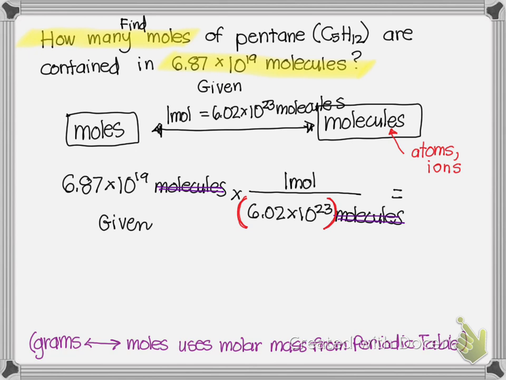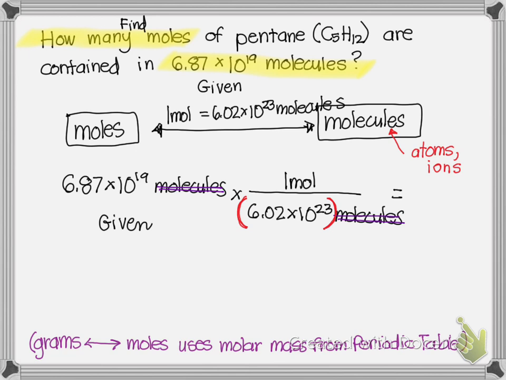So I'm going to enter this into my calculator. And so it's 6.87 times 10 to the 19th divided by, and I have to use a parentheses on the calculator I'm using currently. So parentheses, 6.02 times 10 to the 23rd, close the parentheses.